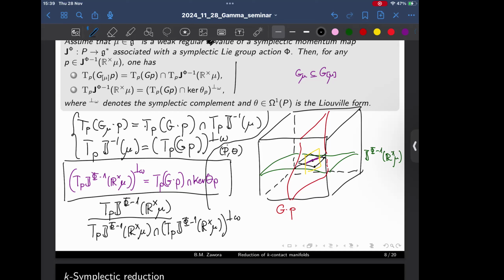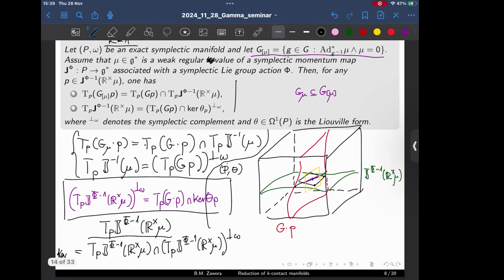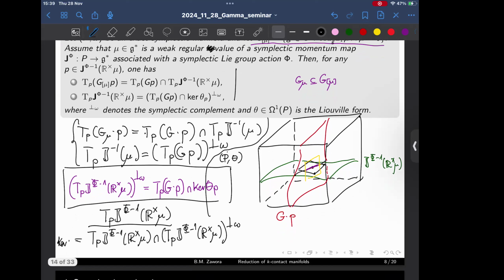We know from the previous general reduction theorem for k-symplectic manifolds, if k equal 1, that this is the kernel of mu omega.